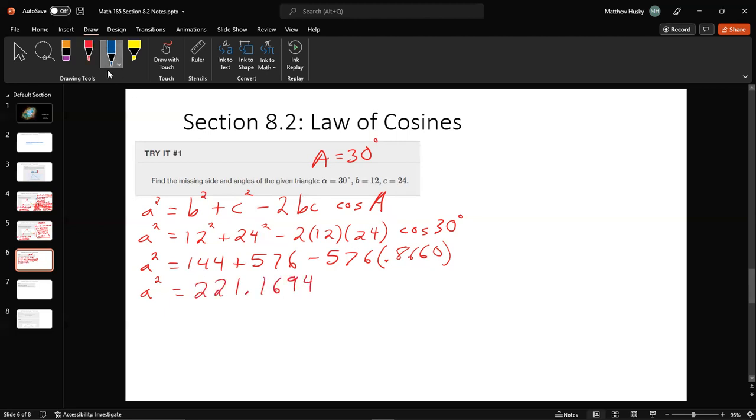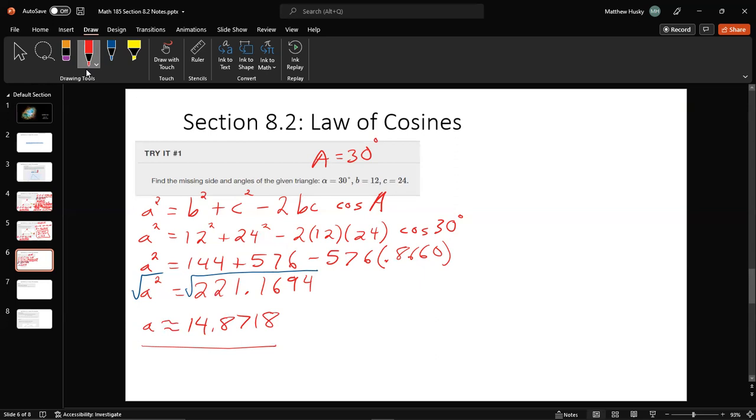And then like last time, that's a squared. So if you square root that, you can find the value of a. You will get 14.8718. All right, so that is the approximate value of side A.